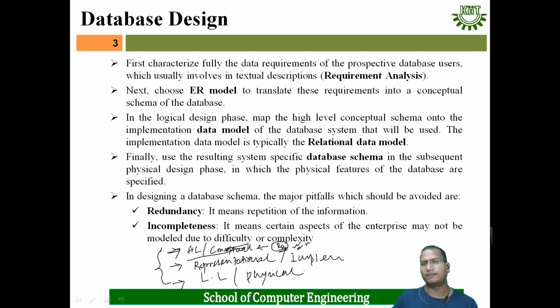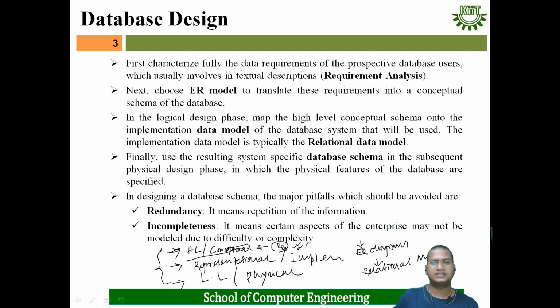After taking the requirements from the organization, what the software developer works on next is the design of the ER diagram. After designing the ER diagram, they generally create the relational model from the ER diagram.